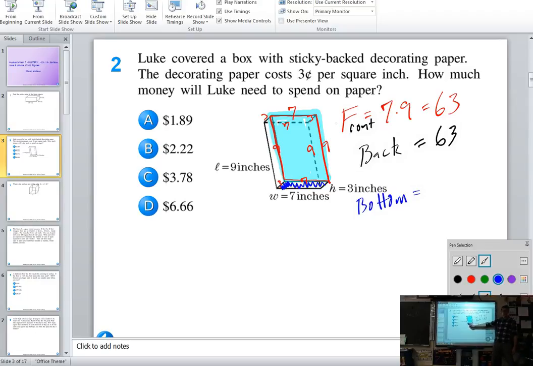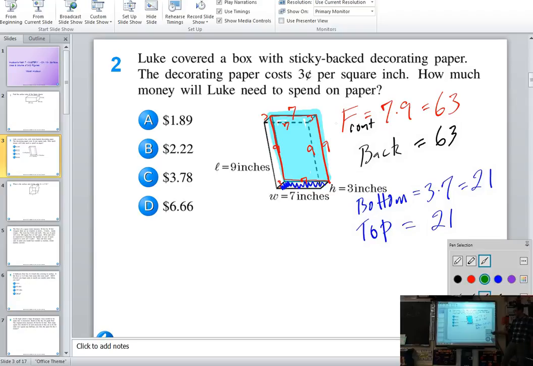Well, we labeled that as 3, and then the other edge of it as 7. So that gives me 21, and if the bottom's that size, so is the top. So if you don't like the multiplication by 2, just list it all out.